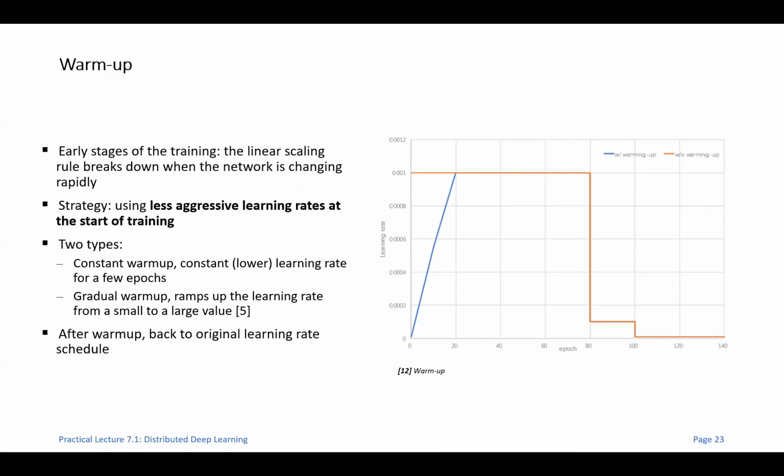A technique that has been proposed and which is very helpful to deal with the explosion of the gradients is known as Warmup. Warmup basically means starting off the training with a smaller learning rate compared to the one you want to reach. There are two ways: you can start with a constant warm-up, but this technique is not very much used, I'd say. Most of the time I see the gradual warm-up.